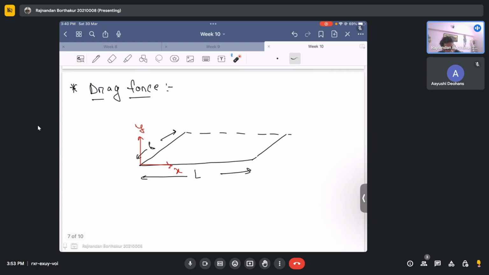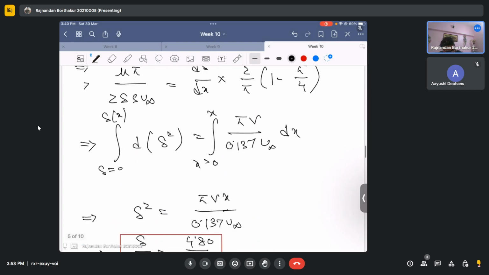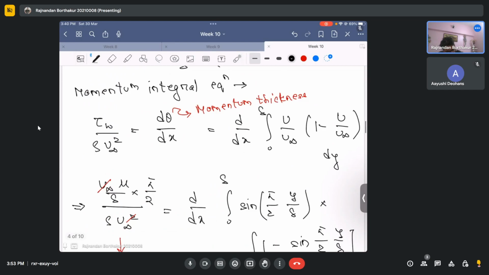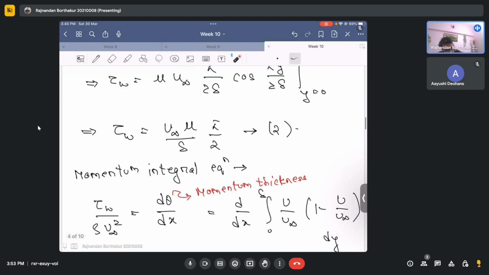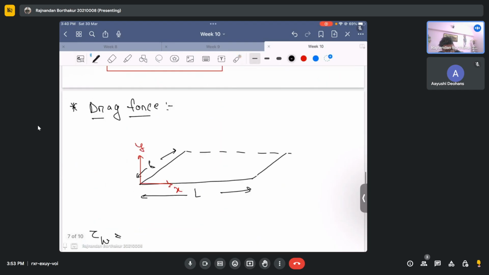So what we will do is, first of all, we will evaluate tau w. Tau w we have already evaluated, right? So what was tau w? Tau w is, hold on, yeah, so tau w is basically mu times u infinity by delta into pi by 2. Okay, let's write it here.